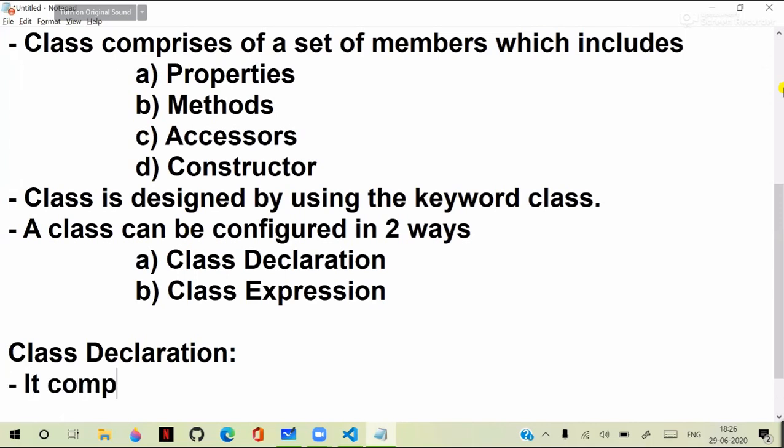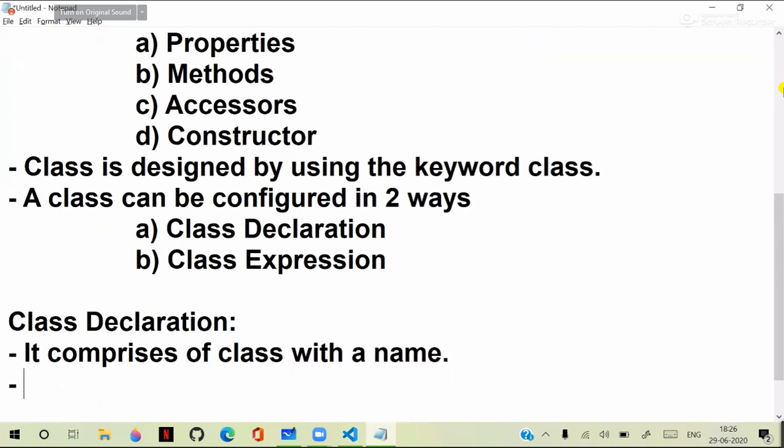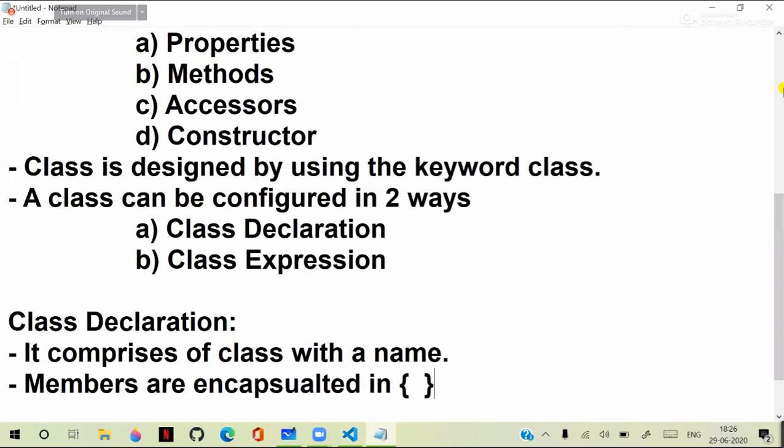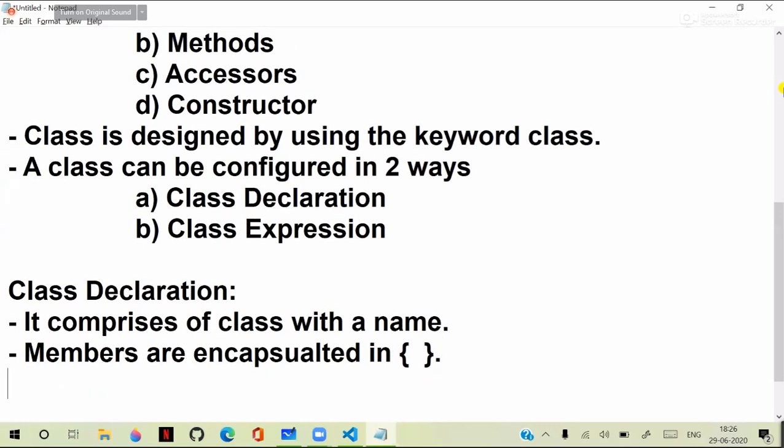Actually, it comprises a class with a name. Members are encapsulated in the flower brace.